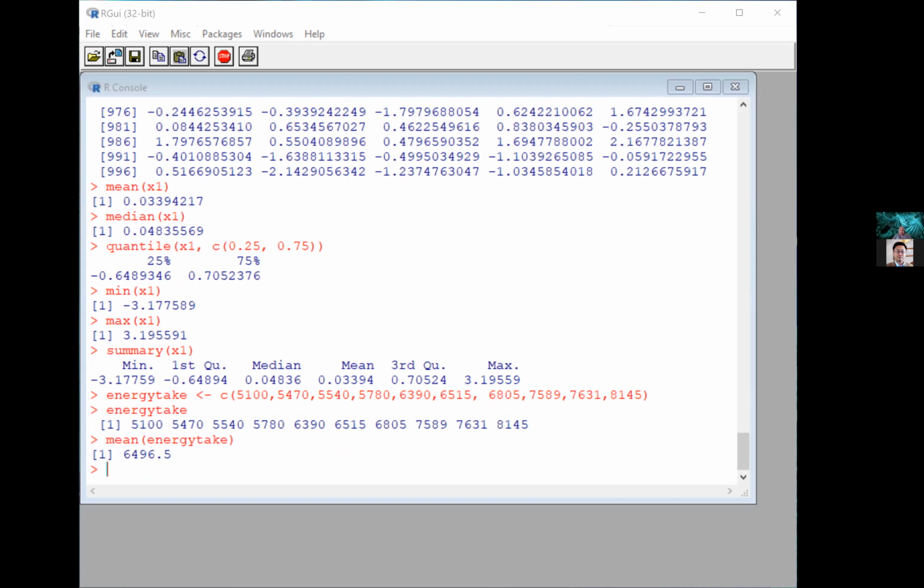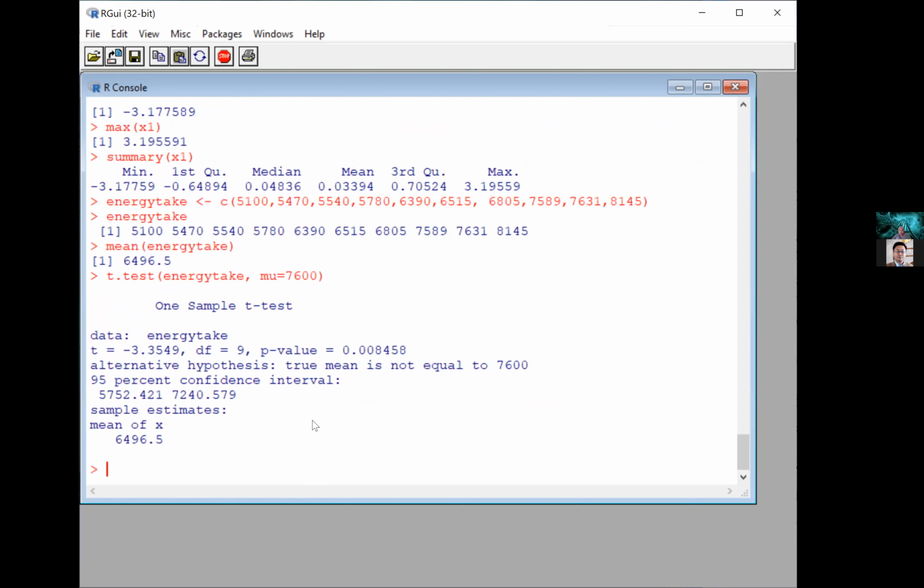Now we're going to see if the energy intake deviates from the recommended 7,600 kilojoules. The mu is what we're comparing it against. We're doing a t-test, of course. From the data energy intake, your t statistic with 9 degrees of freedom, your p-value is less than 0.05.